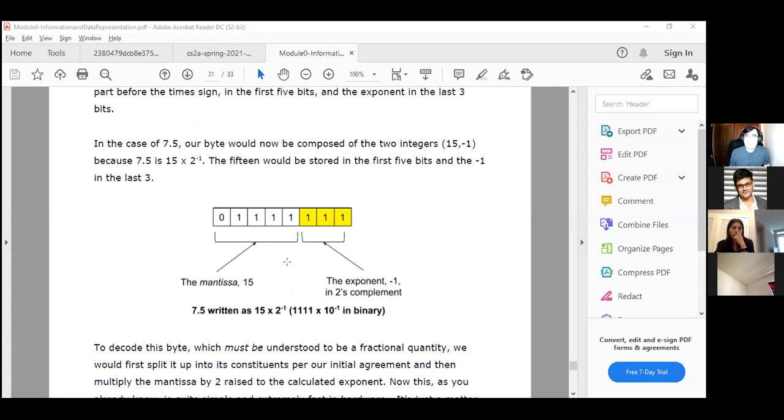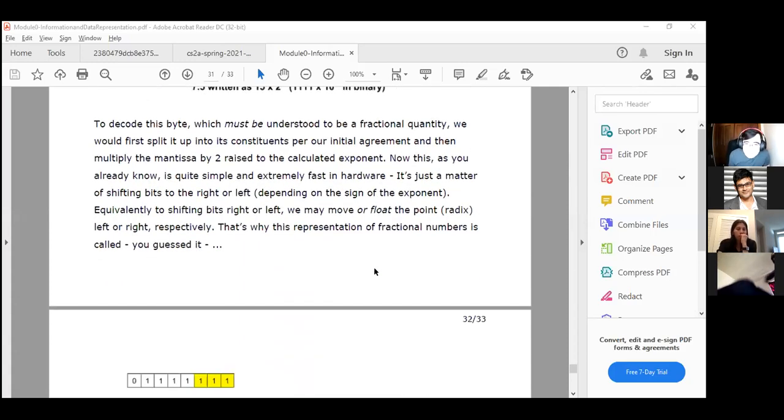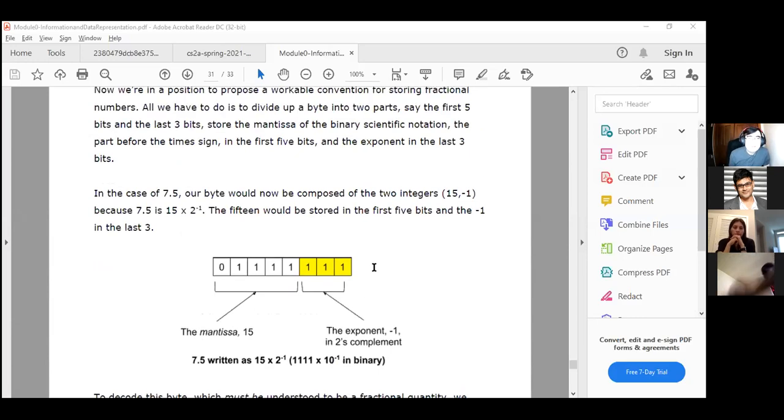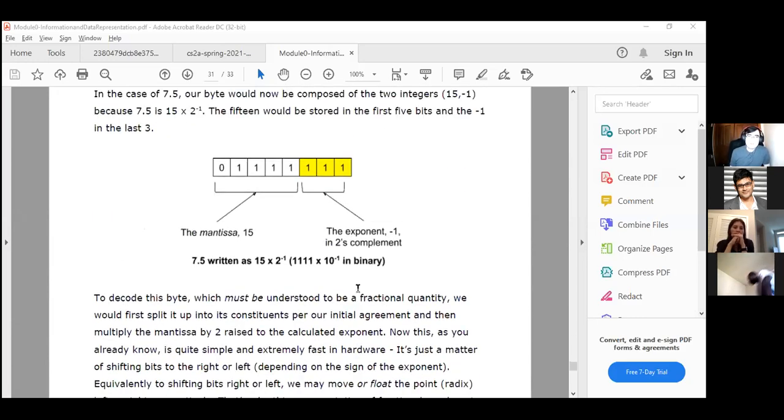So I'm just going to share, this is page 31 of Mod 0, and you can see this is the representation of a floating point number in binary. It's a regular byte with 8 bits, but the rightmost 3 bits are not your normal digits.